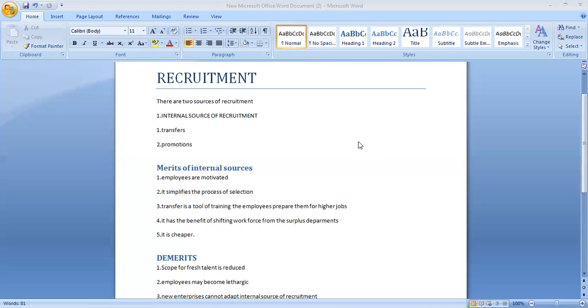You see that you have a lot of departments and divisions in a business organization, where you get a shortage of workforce in particular departments. At that point of time, you transfer candidates from the department where you have a surplus of workforce. So you can fill the vacancies in this method also.